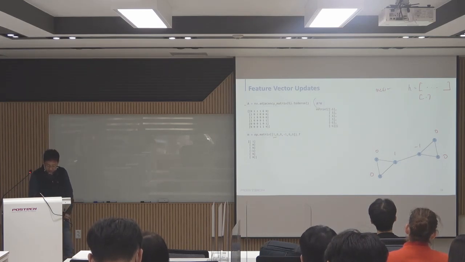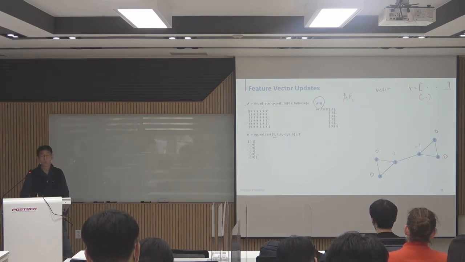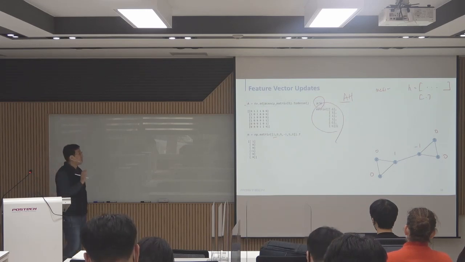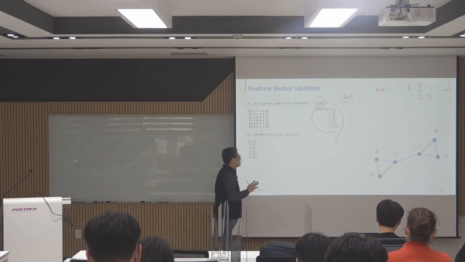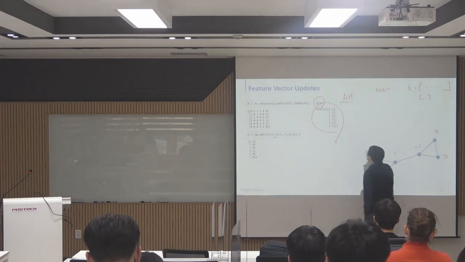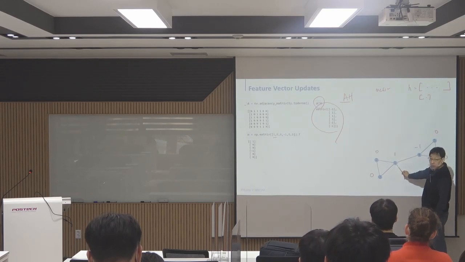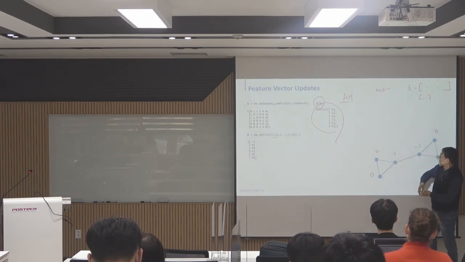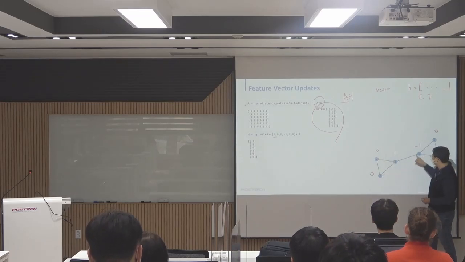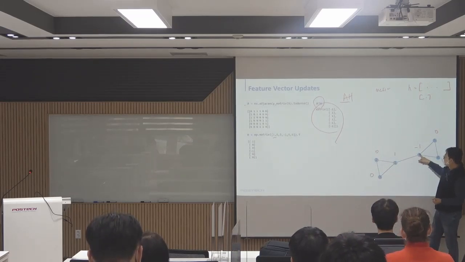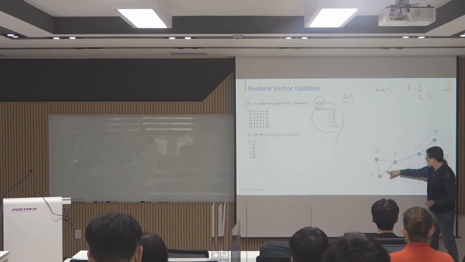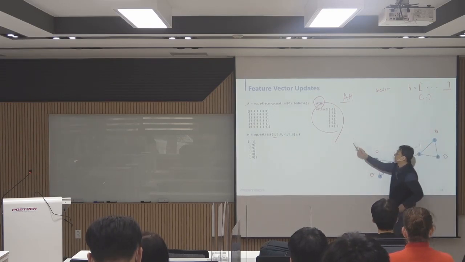And AH is what you get if you do this kind of multiplication, where A is the adjacency matrix. The way you're supposed to interpret this is that for this node, I'm going to take the messages from the neighborhood. I got 0 and -1, that's why I got -1.